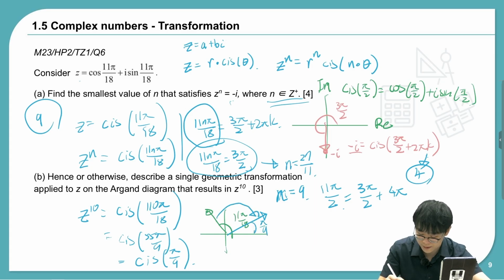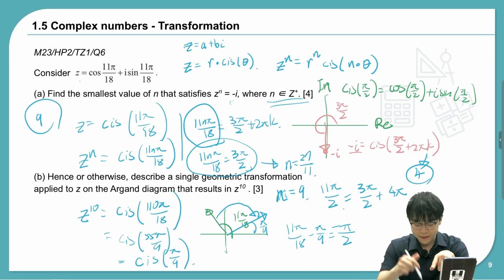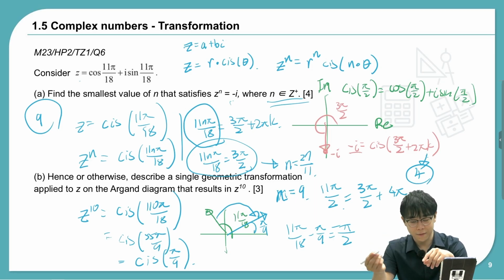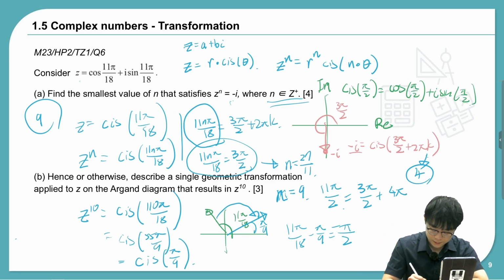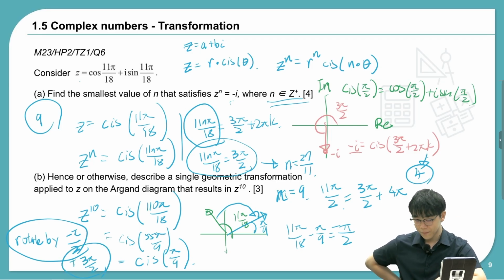So we want to go back by 11 pi over 18 minus pi over 9. Or that would be like half pi. So in describing the single geometric transformation, you could say rotate z by negative pi over 2 radians. Right? So we can do rotate by negative pi over 2. Right? Or you might say rotate by positive 3 pi over 2. Okay? So both would work.